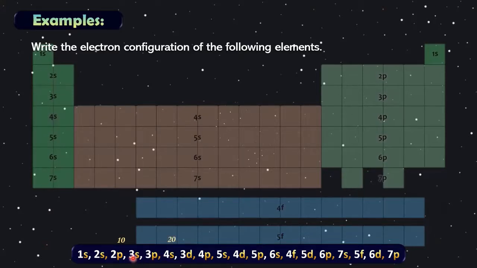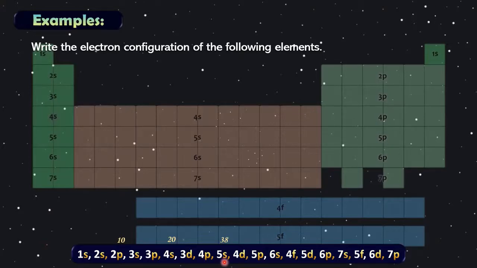So that is 4s2, because 10 plus 2 is 12, plus 6 is 18, plus 2 is 20. If the atomic number is 38, you stop at 5s, because 20 plus 10 plus 6 is 36, plus 2 is 38.